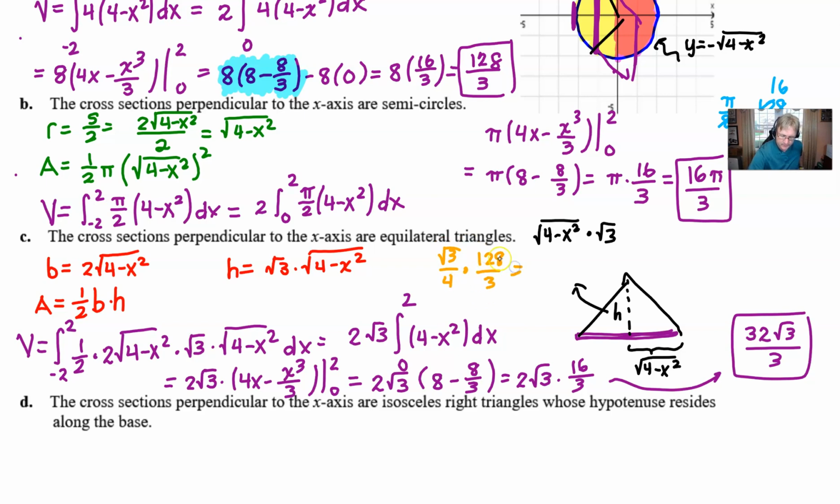And let me think here. 4 goes into 128. 4 goes into 12 3 times, goes into 8 2 times. And what do you know? It matches. So another quick way that you could always find an equilateral triangle if you already found the square: multiply by square root of 3 over 4.